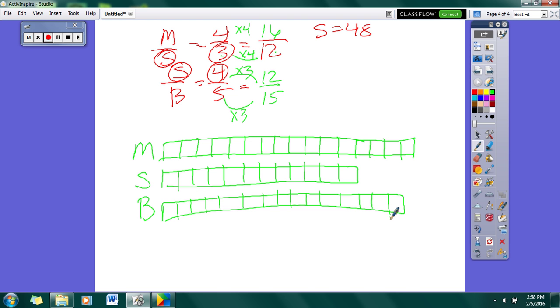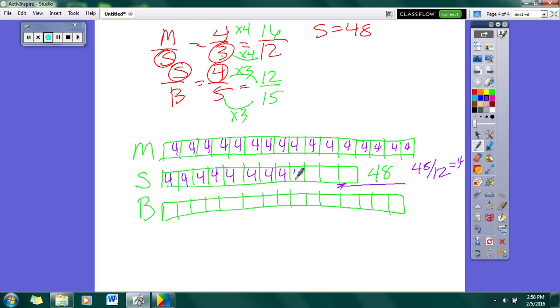And I know science is 48. So I'm going to take 48 and divide it into 12 pieces because I have 12 total pieces here. That's going to give me 4. So each box is going to be worth 4. I'm going to put 4 in all these boxes because that's what each box is worth.